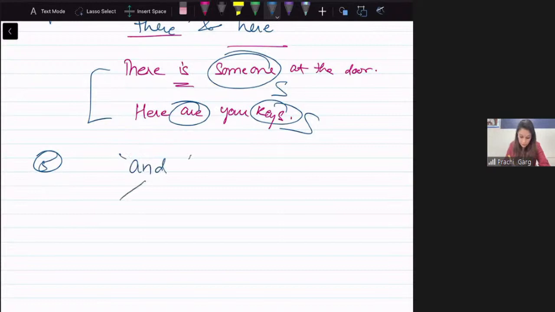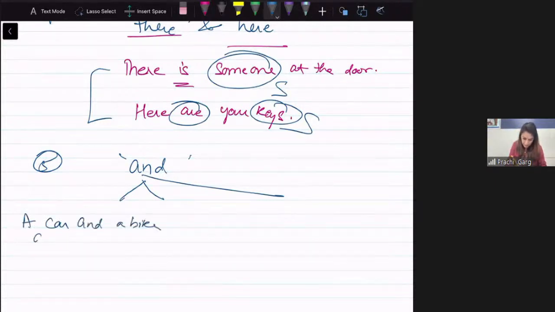The first rule says that if two things or two people or two separate things are joined by and, we use a plural verb. For example, if I say, a car and a bike are my means of transportation.